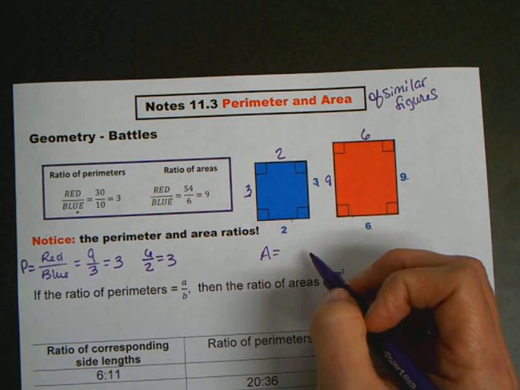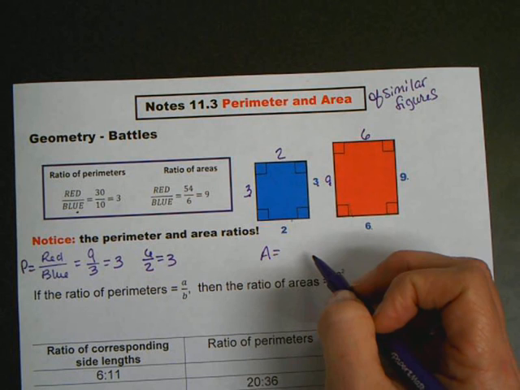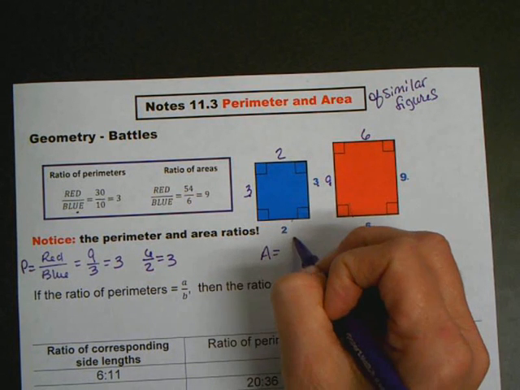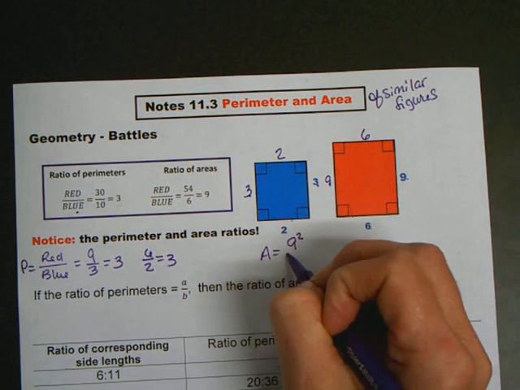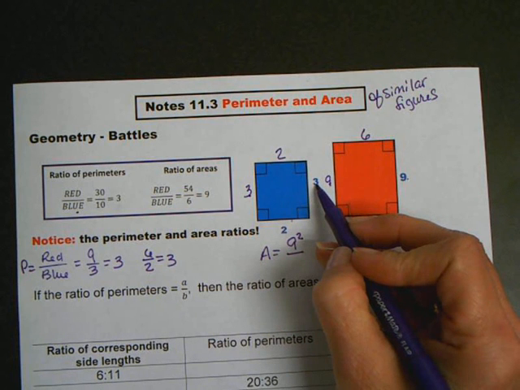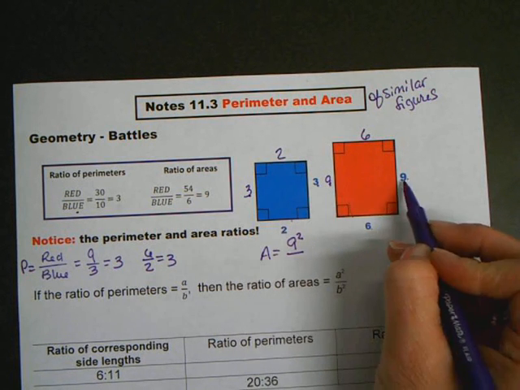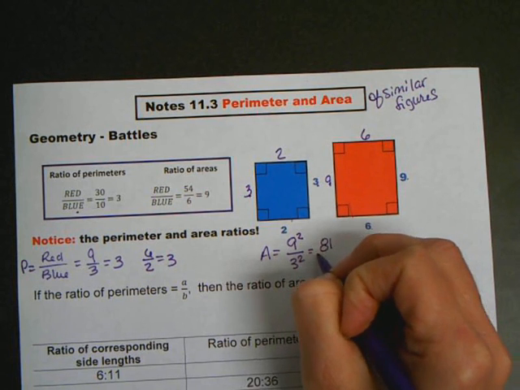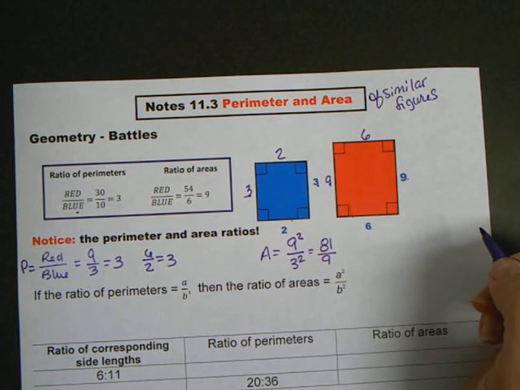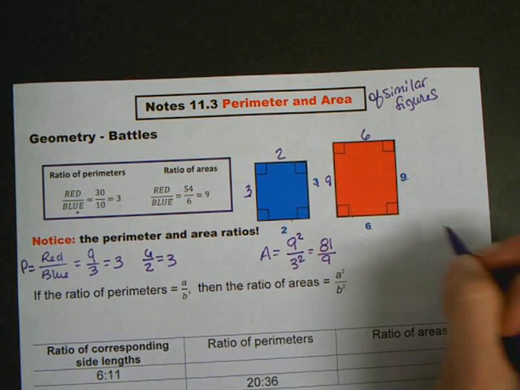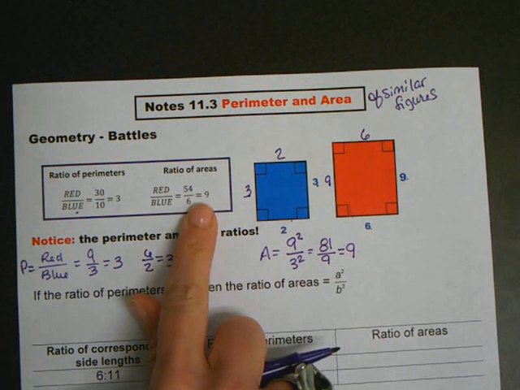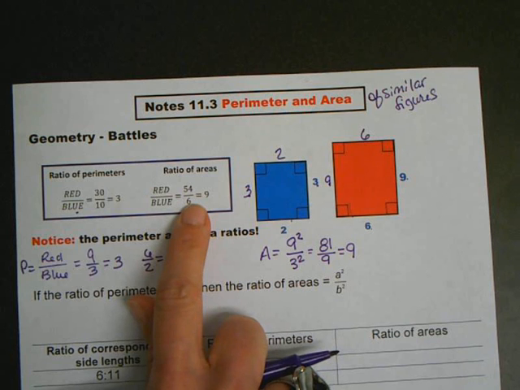So if I wanted to compare my ratios of area, I could take one side, which is 9, and square it and compare it to my other side, which is 3. These are corresponding sides. And then that would be 81 to 9. Well, what does 81 divided by 9 equal? 9. And that is the same answer as we got up here when we compared their actual areas.